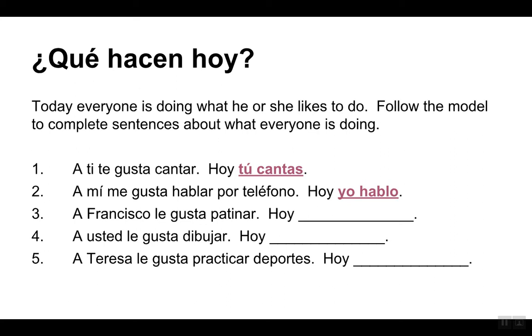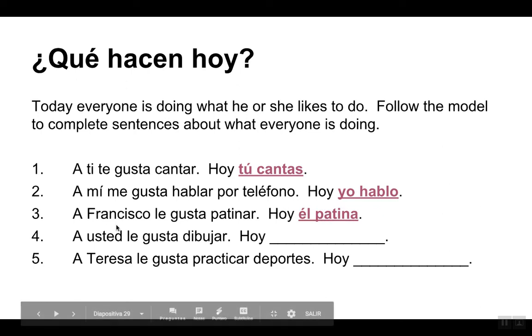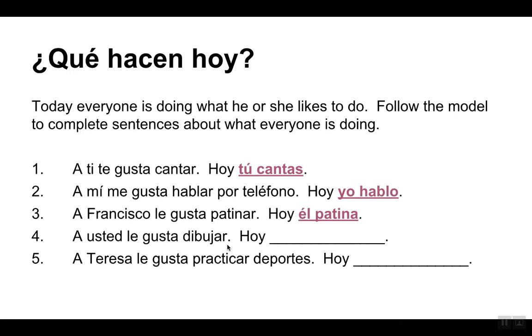Número 3. A Francisco le gusta patinar. Hoy, what can we replace Francisco with? We're talking about him. So we're going to use he, which is él. And then patinar is our verb. You take off AR, plug in the present tense AR verb ending for he, which is a, and you're left with él patina. 4. A usted le gusta dibujar. You like to draw.